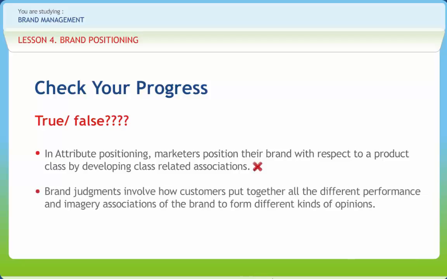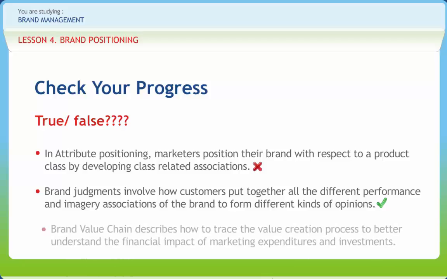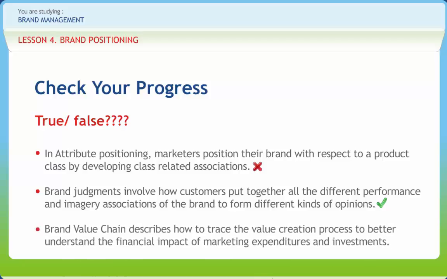Brand judgments involve how customers put together all their different performance and imagery associations of the brand to form different kinds of opinions. Right or wrong? Right. Brand value chain describes how to trace the value creation process to better understand the financial impact of marketing expenditures and investments. Right or wrong? Right.